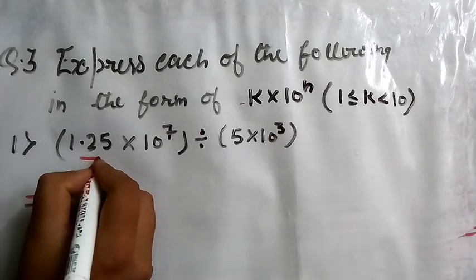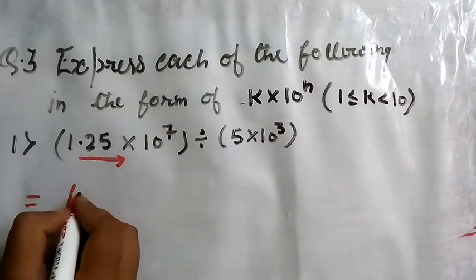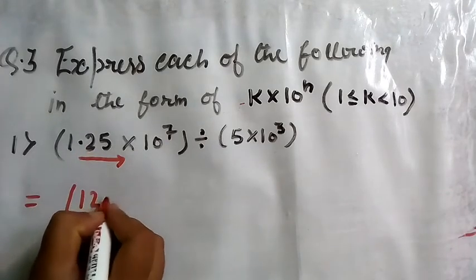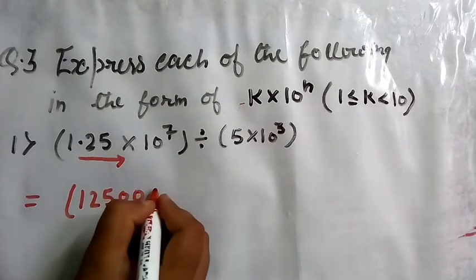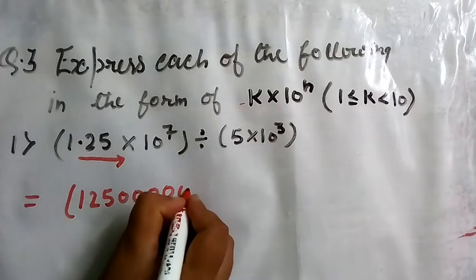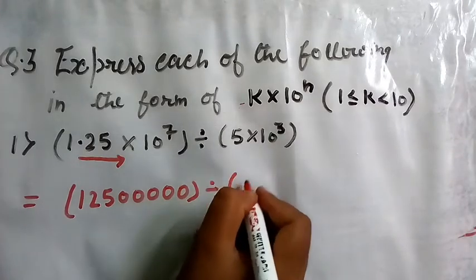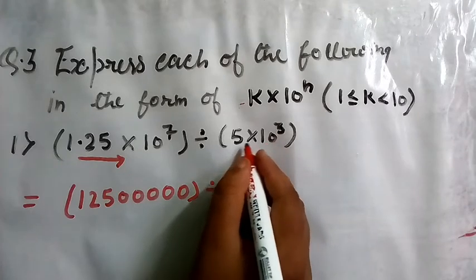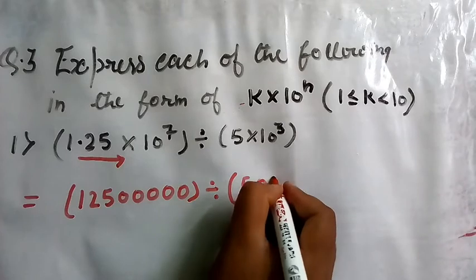So leftmost digit as it is, that is 1. Now take decimal towards the right side. So first digit is 2, second is 5. You can put 5 zeros after it. Now no need to put decimal because it is outside the number. Same here, 5 as it is, and then 10 raised to power 3 is there, so 3 zeros after it.